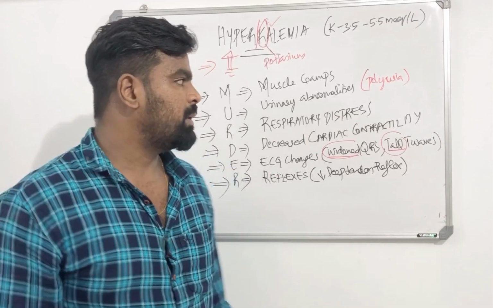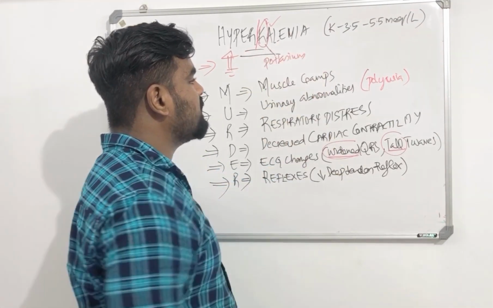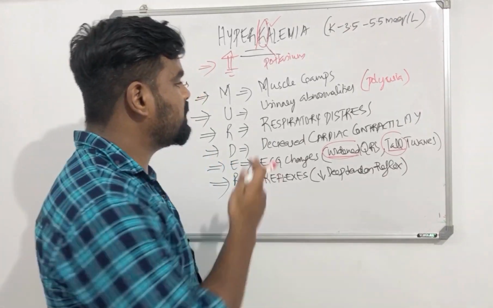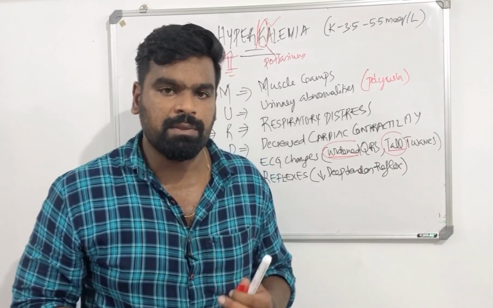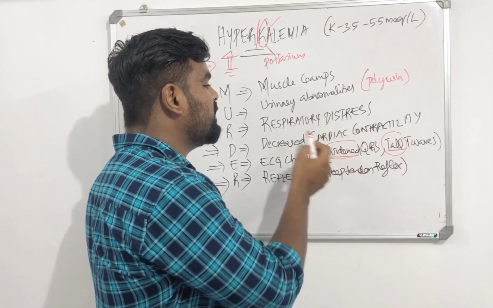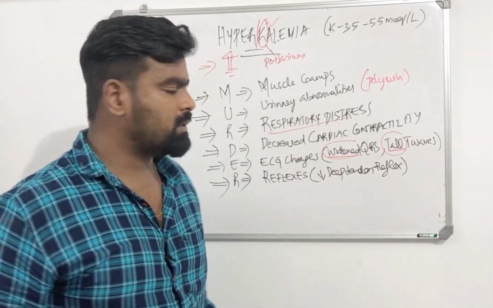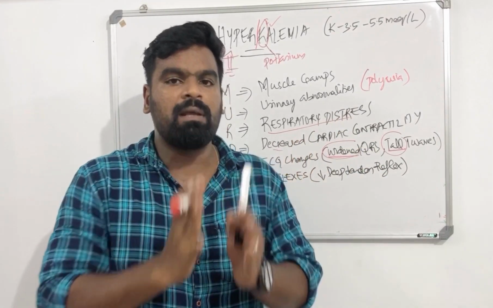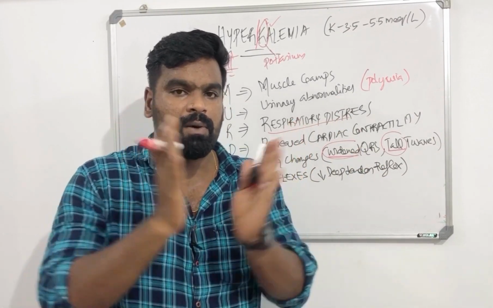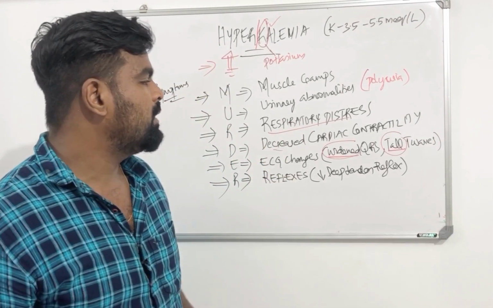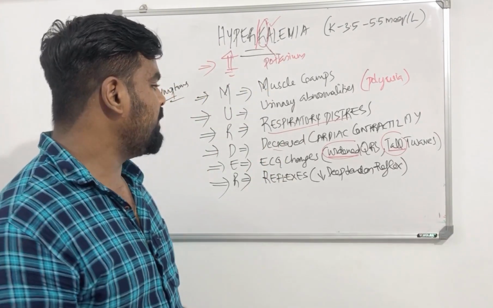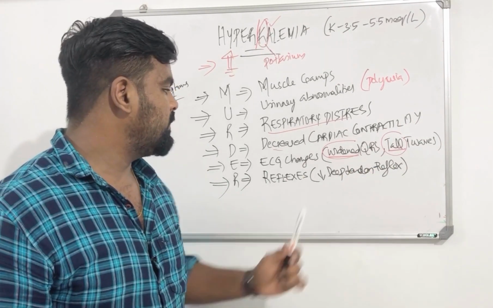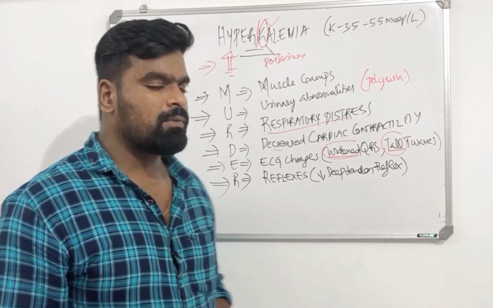Once the potassium is very high, the muscles become very weak, especially the respiratory muscles and cardiac muscles. Respiratory muscle weakness can lead to respiratory distress. Decreased cardiac contractility means the pumping will be decreased because the cardiac muscle will also be weak because of increased potassium level. ECG shows widened QRS complex and tall T waves. And deep tendon reflexes will be decreased.